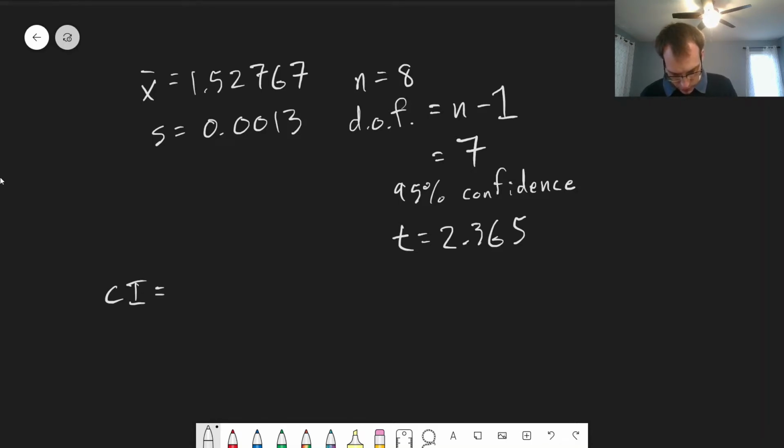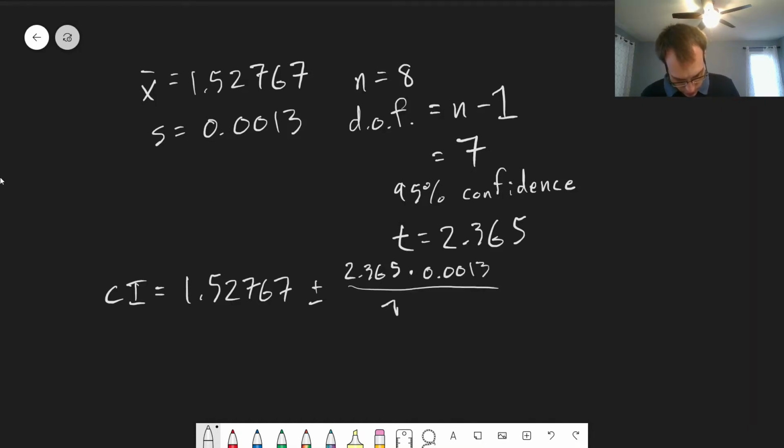So the confidence interval is equal to the mean, 1.52767, plus or minus t. T is 2.365 times s, 0.0013, divided by the square root of 8, because we have 8 measurements.